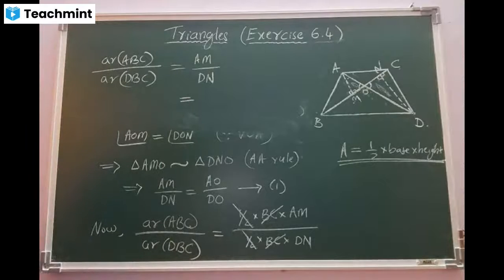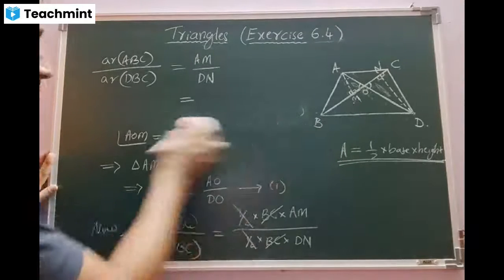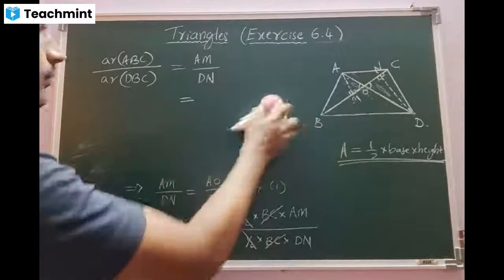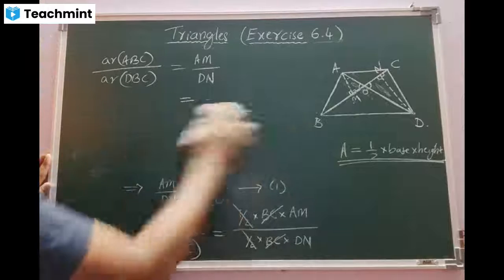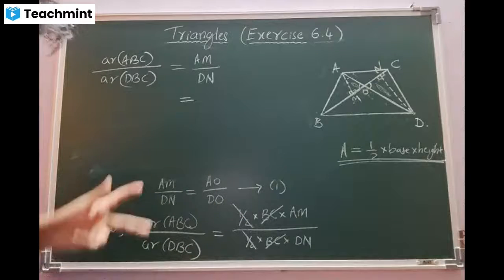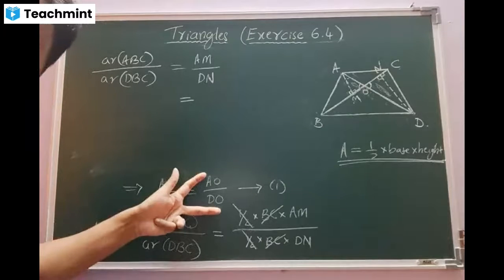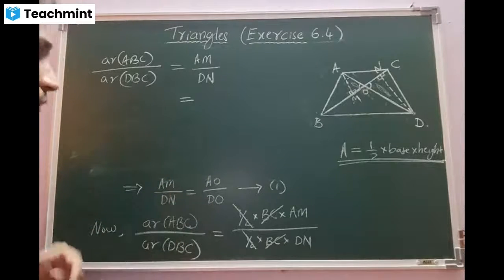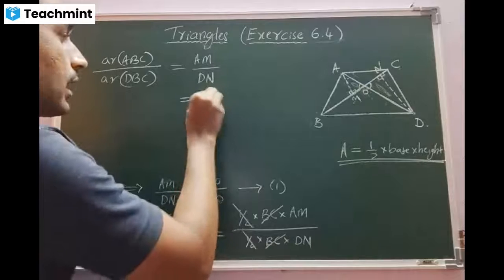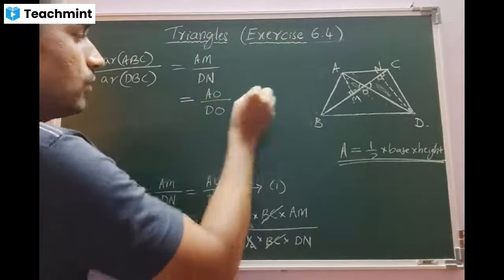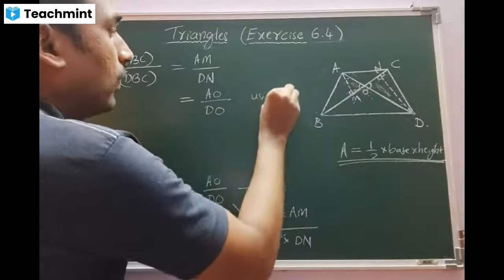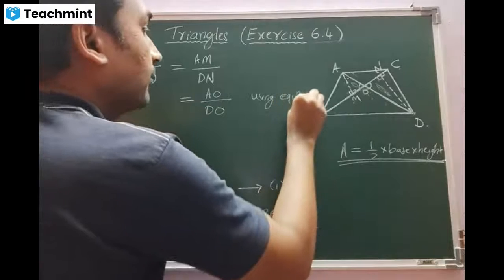Yes, sir. Now go for equation 1. What is equation 1, beta? Look. AM by DN is equal to AO by DO. We proved that this ratio is the same as the ratio of AO to DO. So in the place of this, I write AO by DO using equation number 1. Am I right?